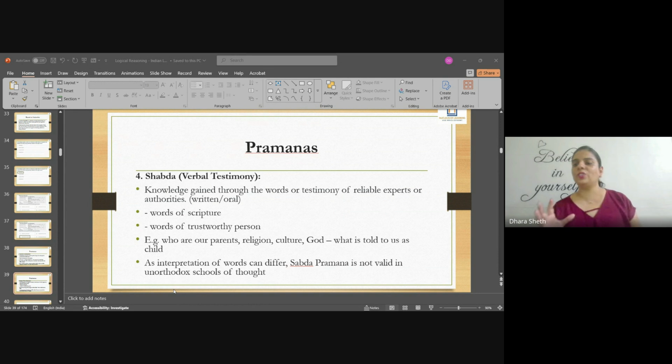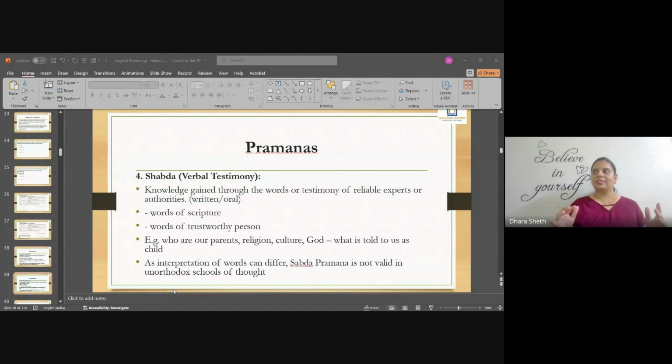For example, when a child is small, he or she is told that these are your parents. And they'll accept it. Even if they are adopted, if they are told in childhood that these are your parents, they will never question it. Shabda praman. This is your religion. This is what we believe about God. This is how we will eat our food. If you are told in childhood that non-veg is bad, for the rest of your life, mostly you are going to believe it is bad.